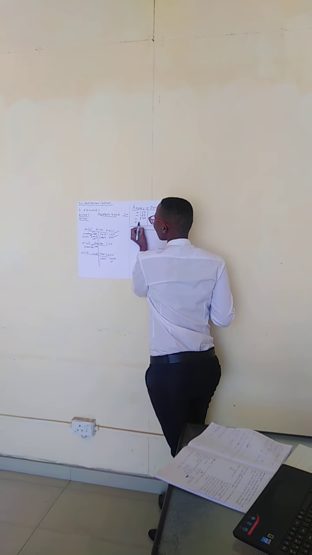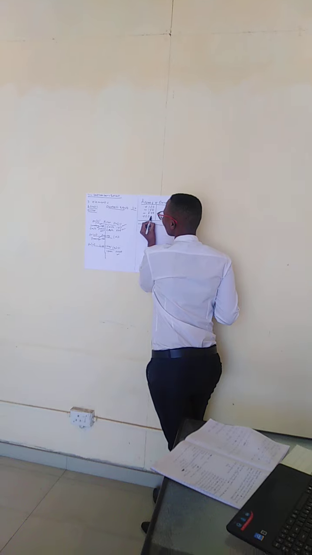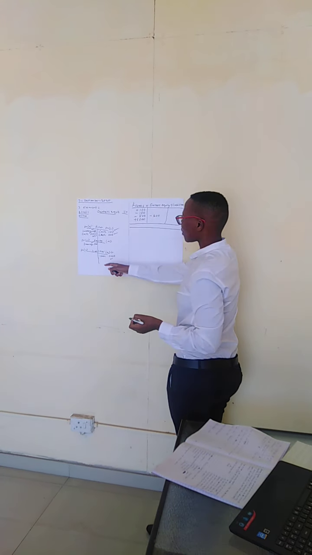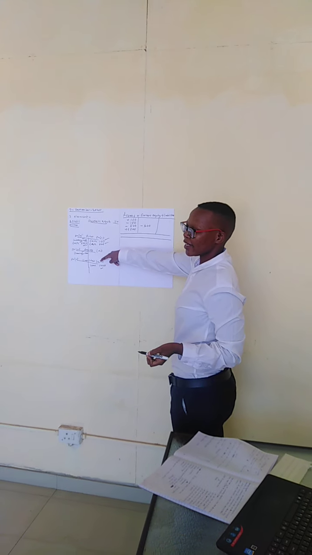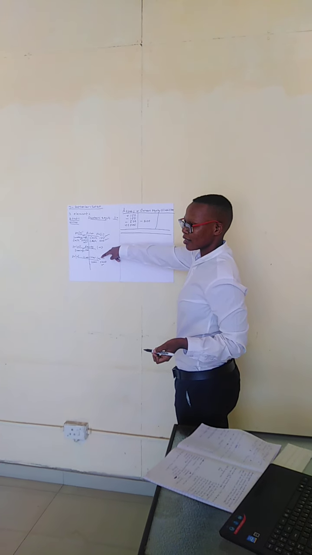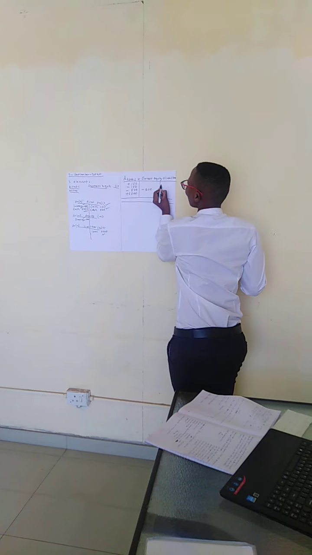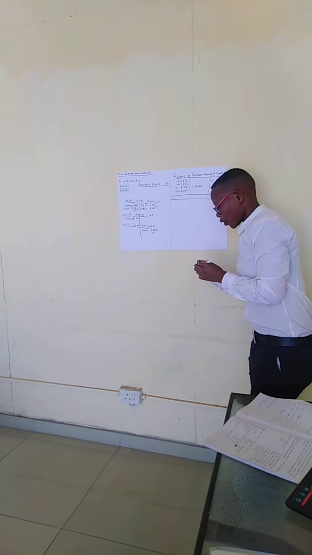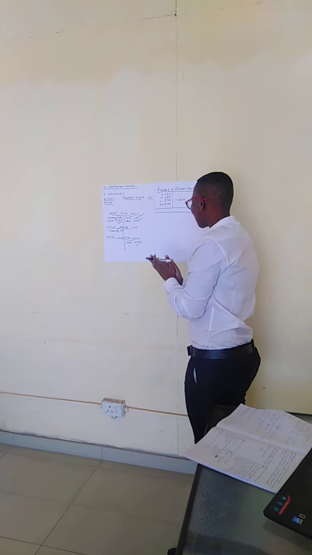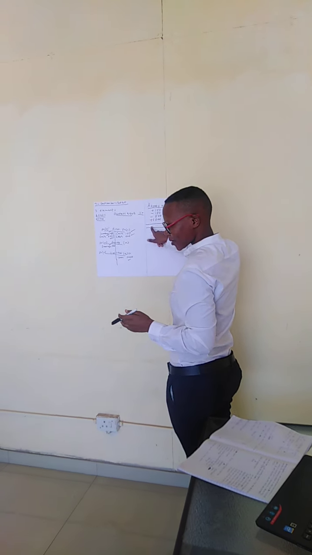Positive. So it's plus 5,000 rand. Also under equity, we have 5,000 rand. Under which sign? Plus. Positive. Okay, so it's plus 5,000 rand. So here you must always take note of the sign.